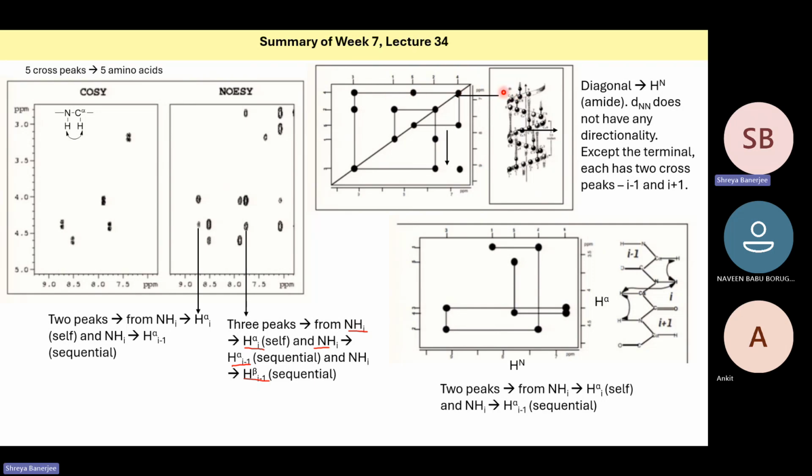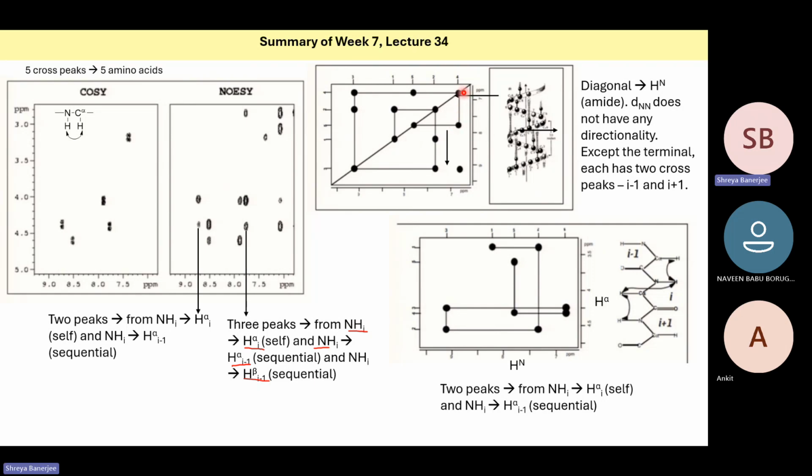So right now, suppose we are starting from here. This amino acid is a terminal amino acid, and from here you go to the sequential peak. So this amino acid has a sequential peak here.